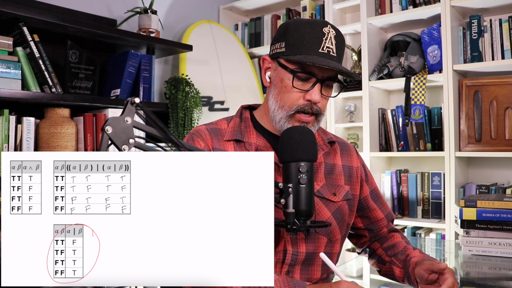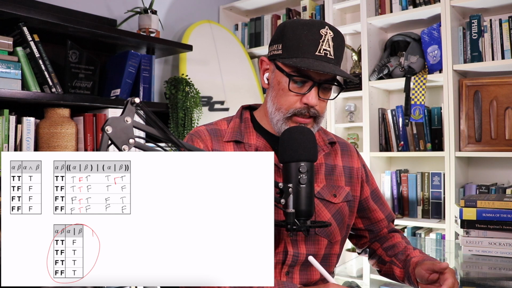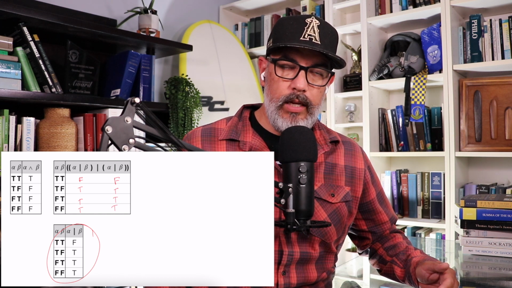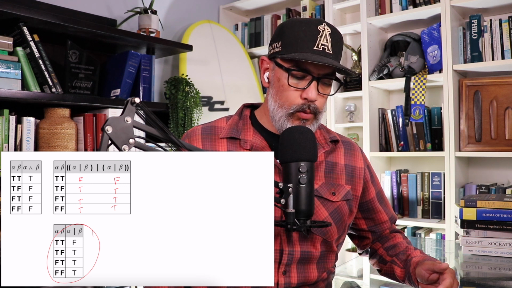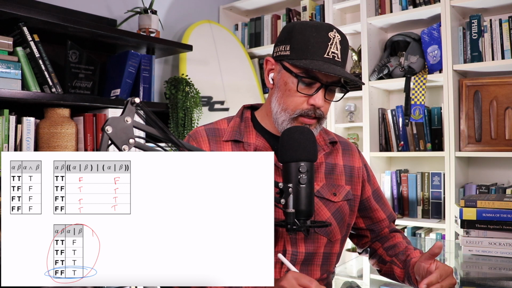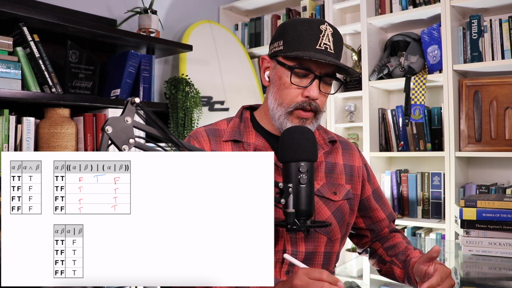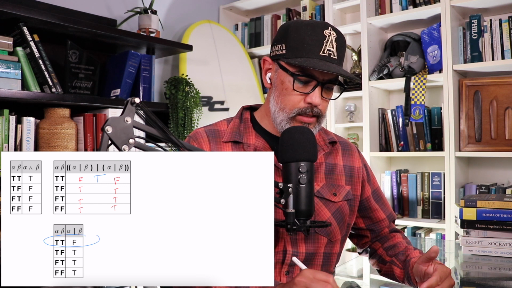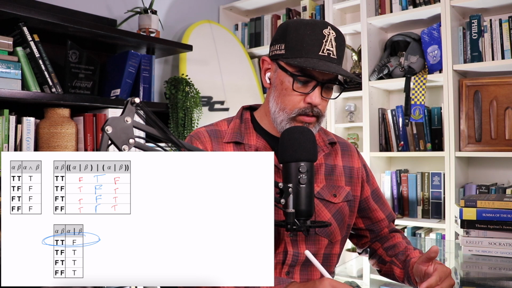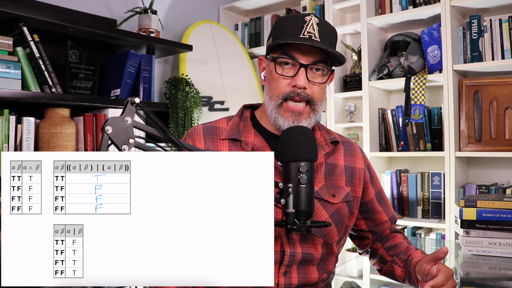So I can just copy straight down the middle, FTTT and FTTT. Now for the stroke in the middle, we have on the first row FF, and that is this guy right here. So we have a T. And then on the rest of the rows, we have TTs, and that is this row right here. So those are Fs. And there we have an identical truth table to the and.